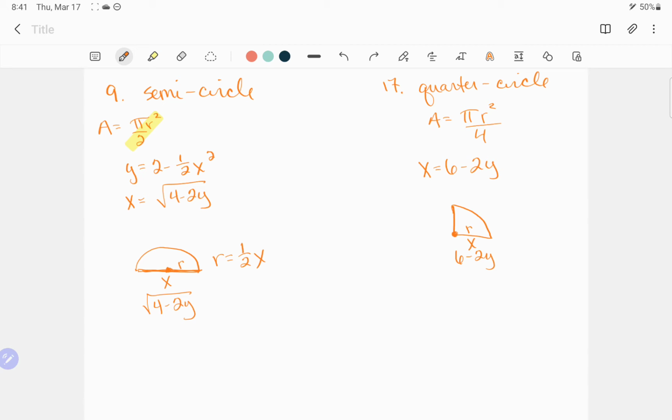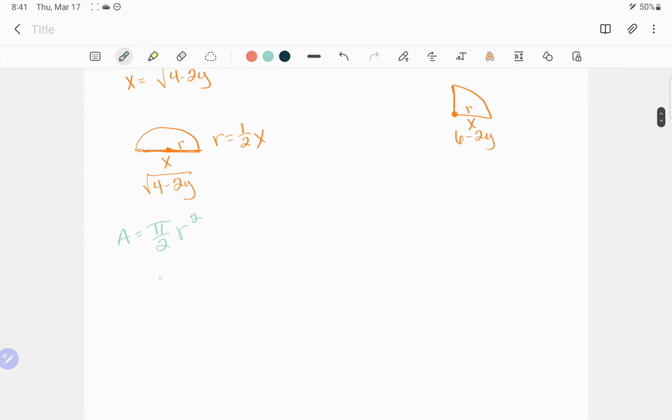So in this case, when I take this information and I go back to my original area formula, in this one, I'm going to have A equals pi r squared, so pi divided by 2 times r squared. In this case, that's going to be pi over 2 times, let's just call it x over 2 instead of 1/2 x.